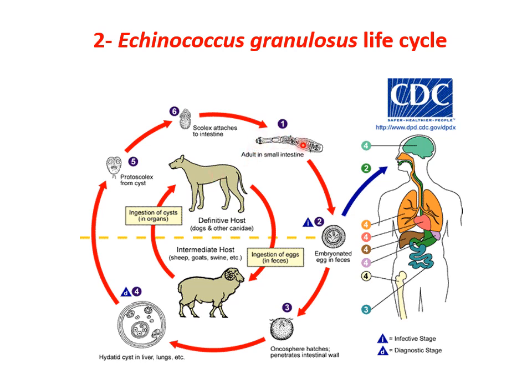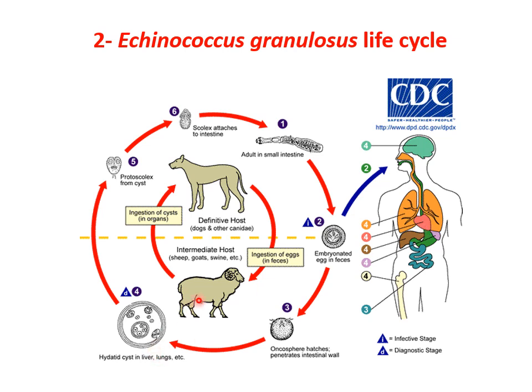The scolex will then attach to the intestine of the dog and evolve into an adult that again contains the scolex and only three proglottids. From there, embryonated eggs are produced and shed in the feces of the infected dog.